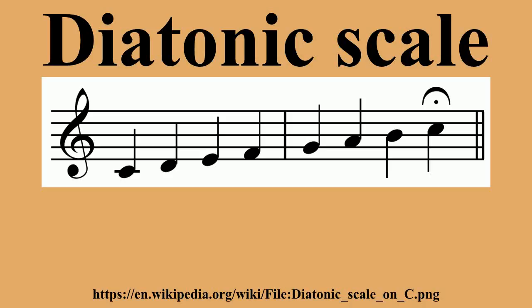Properties. The diatonic scale as defined above has specific properties that make it unique among 7-note scales. In other words, no other kind of scale has the same properties. It is obtained from a chain of 6 successive perfect fifths.